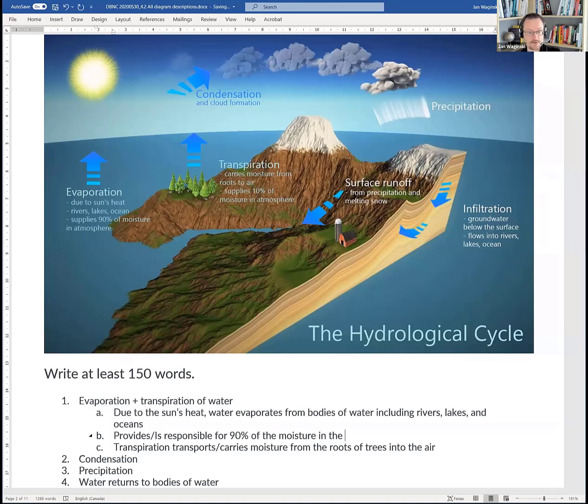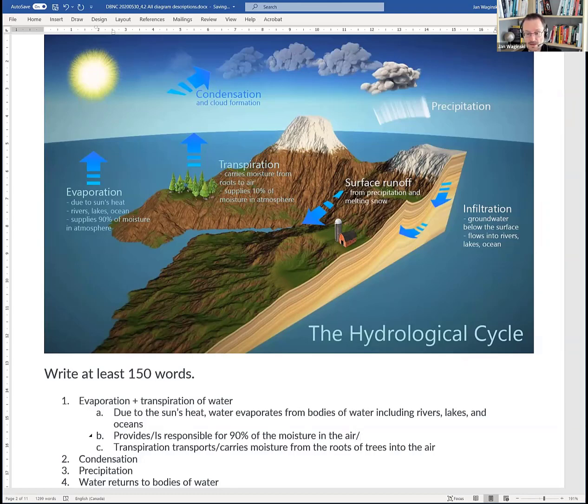Now, what's a synonym for atmosphere? Surface. Sorry? Surface. No, surface is the surface. The atmosphere is up in the... Yeah. Or it says moisture in the atmosphere.